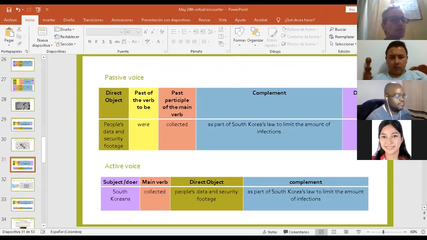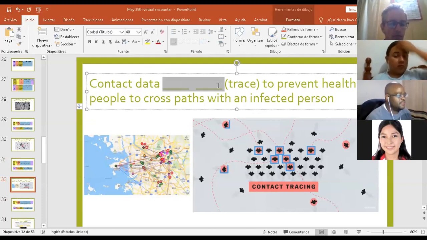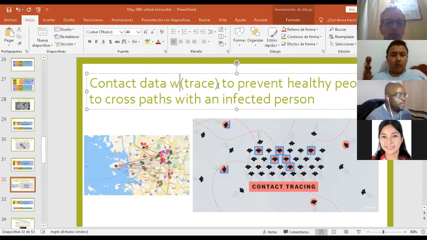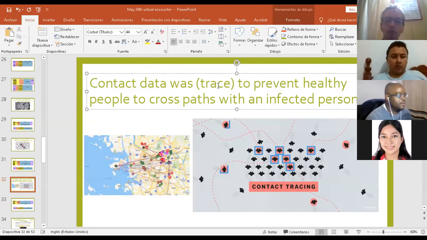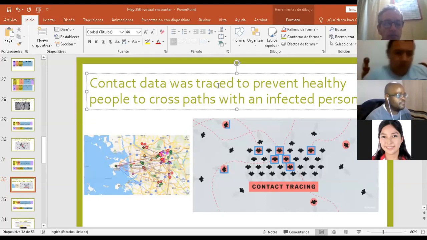Next one, Hugo. Contact data was traced to prevent healthy people to cross paths with an infected person.